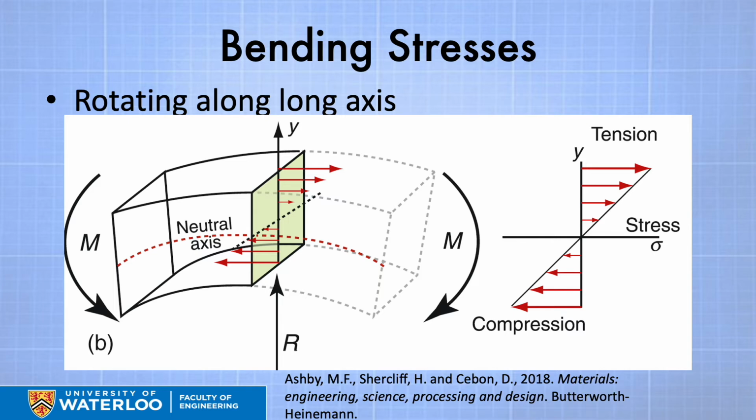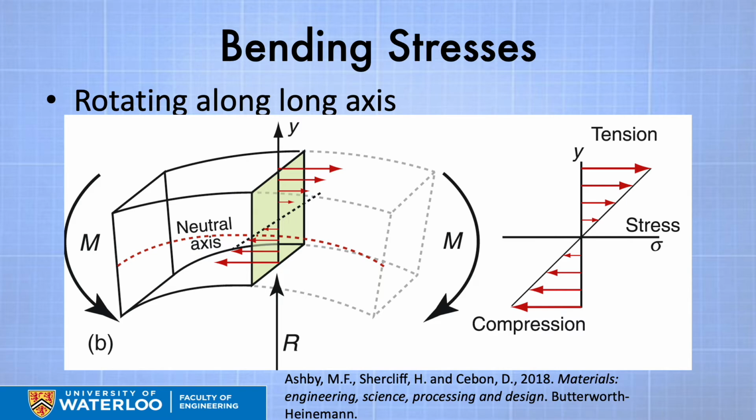Now, what we do always have to keep in mind is that the maximum stresses are at the extreme fiber. By extreme fiber I mean the fiber of the material that's at the greatest distance from the neutral axis.